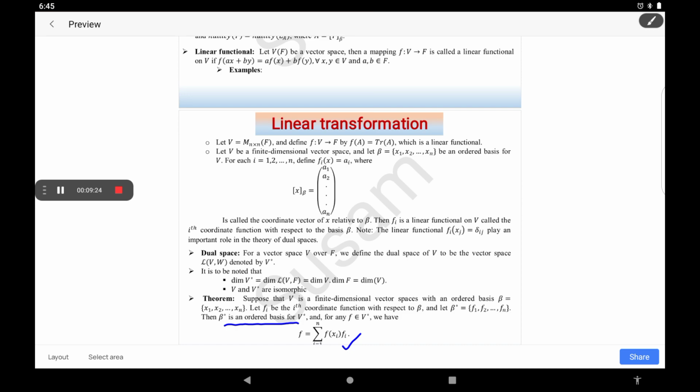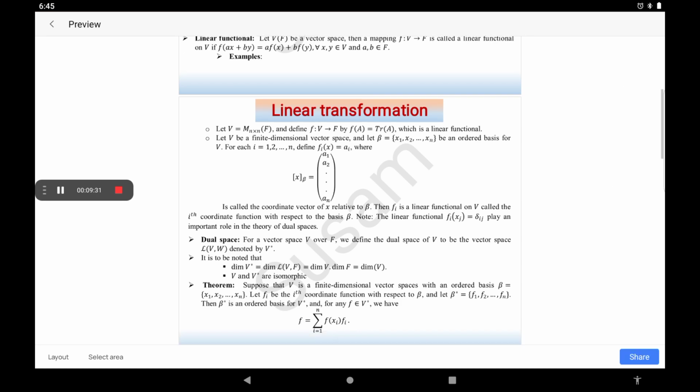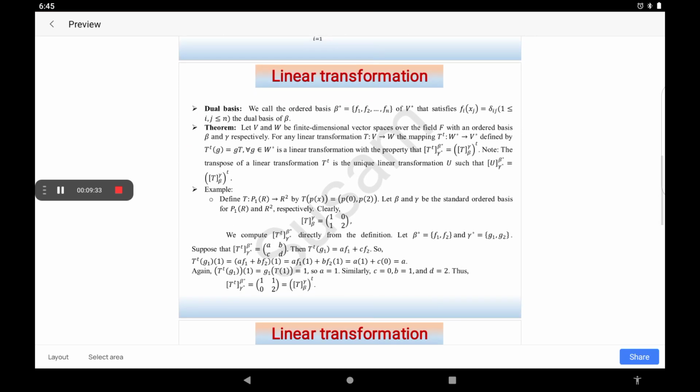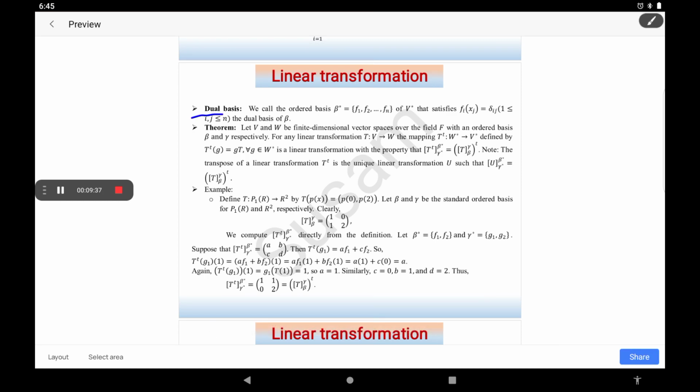It is simply like a generating set, because it is a basis, so it is a generating set. Here I mentioned this dual basis that I have already told you about.